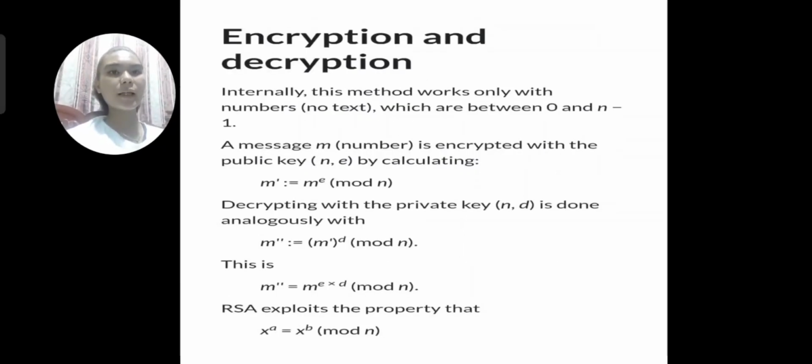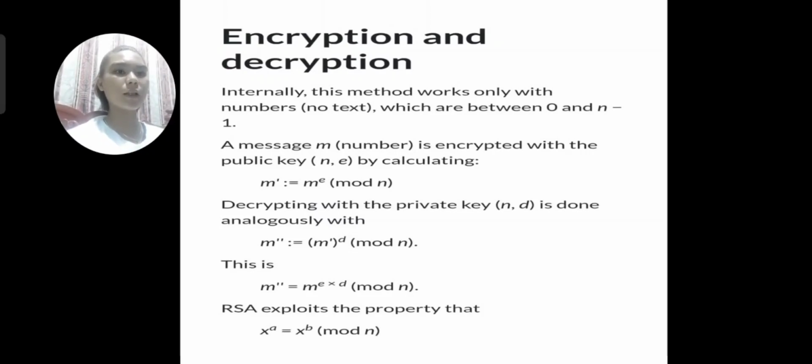Encryption and decryption. Internally, these methods work only with numbers which are between 0 and n minus 1. A message m is encrypted with the public key n and e by calculating c equals m raised to e mod n.